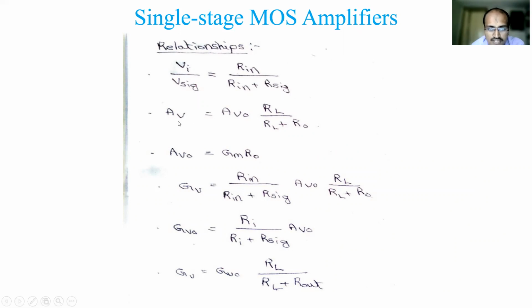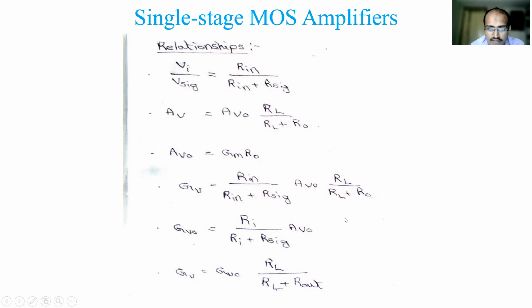Then Av, the voltage gain, is the open circuit voltage gain Avo into RL by RL plus Ro, where Ro is the output resistance. Then Avo is equal to Gm into Ro. This is the relation. There are no derivations, you just need to know. Then Gv, the overall voltage gain, is given as Rin by Rin plus R signal into Avo into RL by RL plus Ro, which is the same as Rin by Rin plus R signal into Av.